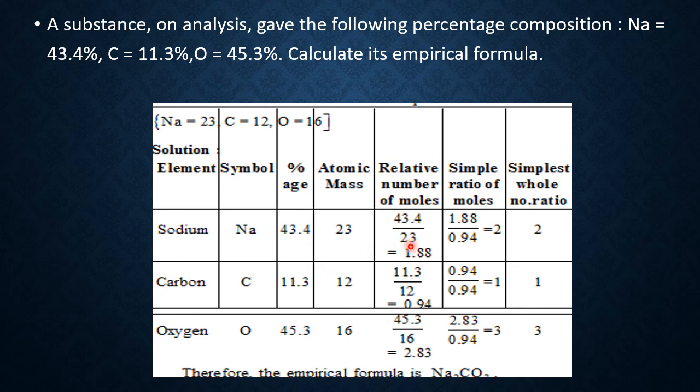Which is a fraction, to make it a whole number, the least number is, I think, 0.94. So 1.88 by 0.94, 0.94 by 0.94, and similarly 2.83 by 0.94. The answer is 2, 1 and 3. So the empirical formula becomes Na2CO3.